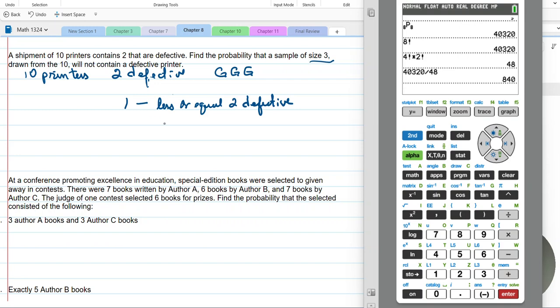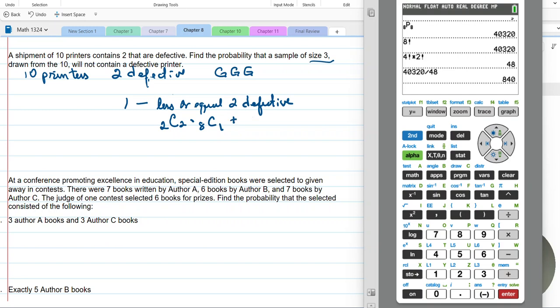So this part here is going to be 2, choose 2, and then we're going to have 8, choose 1.